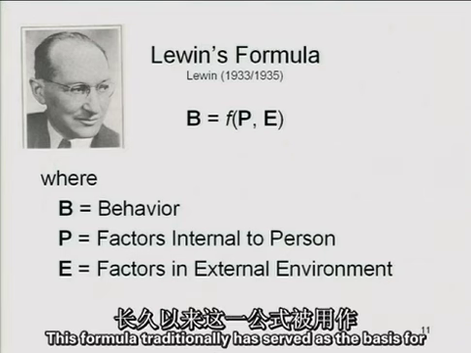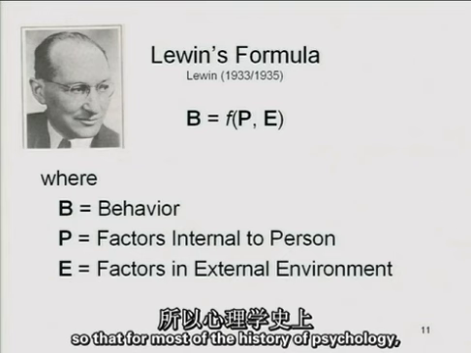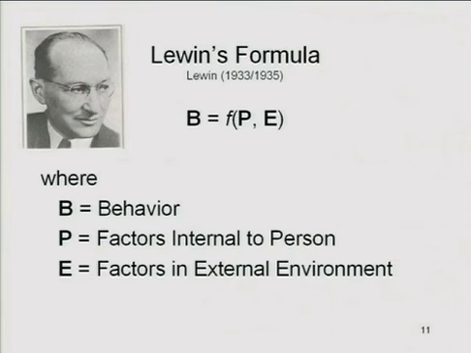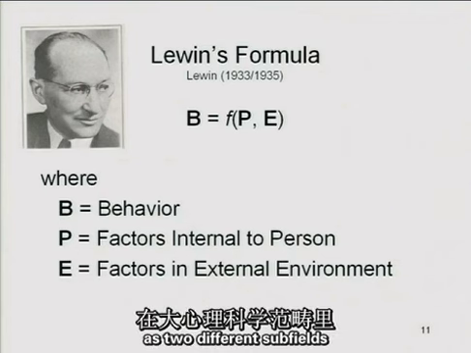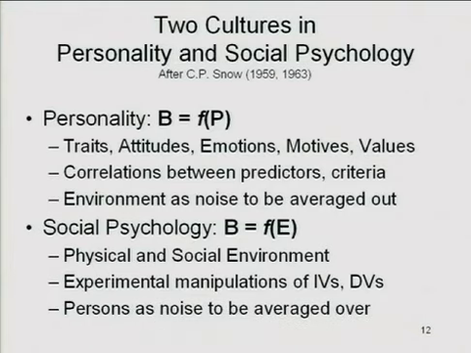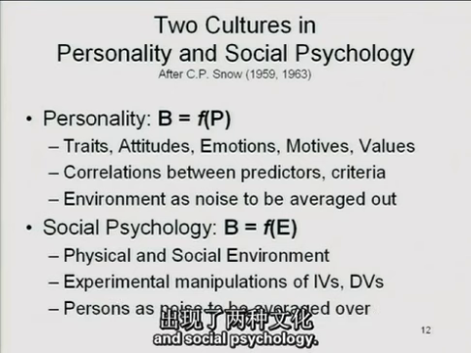This formula, traditionally, has served as the basis for dividing the psychology of personality from social psychology, so that for most of the history of psychology, personality and social psychology developed as two different subfields within the larger science of psychology. So you get what you might call two cultures in personality and social psychology.